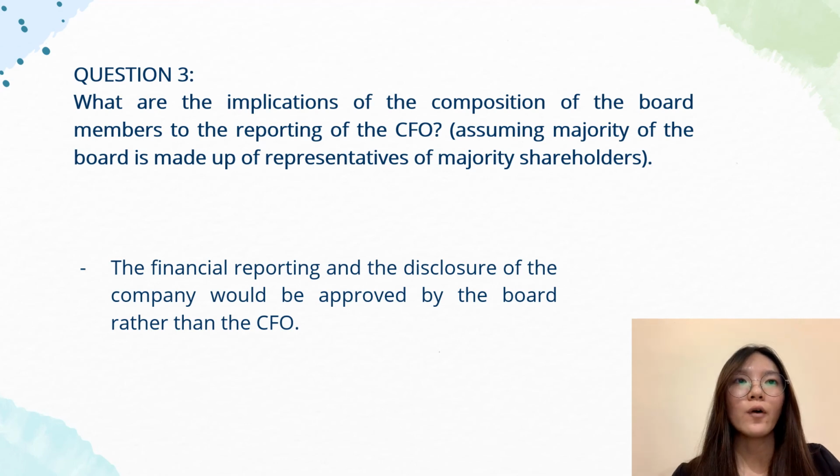The CFO would have to listen and implement the decisions that the board has agreed upon. The financial reporting and the disclosure of the company would therefore be approved by the board rather than the CFO. This can greatly impact the full disclosure during the financial reporting by the CFO.